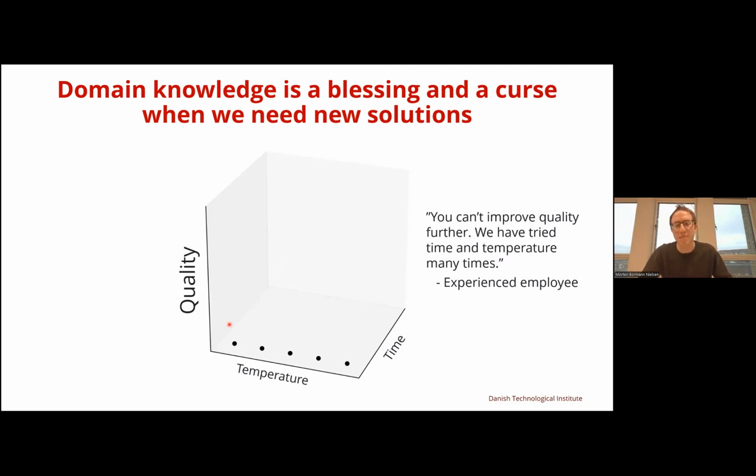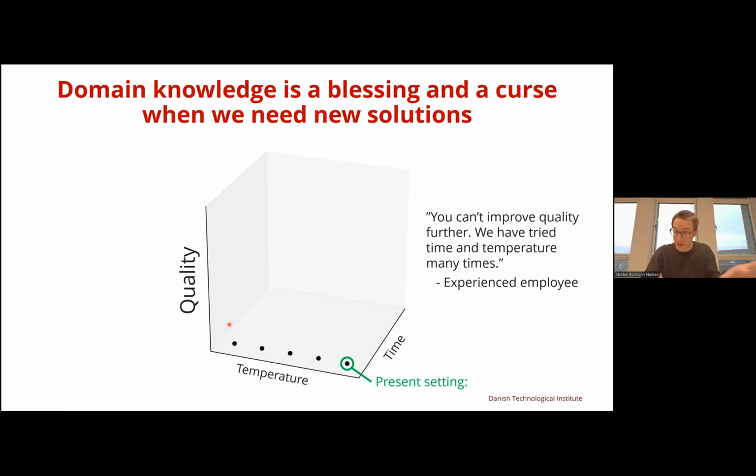Because in this example here, we have a process that's running at D setting. We have tried temperature and time many times, so it's a stupid exercise to even try changing the system, according to our experienced colleague.